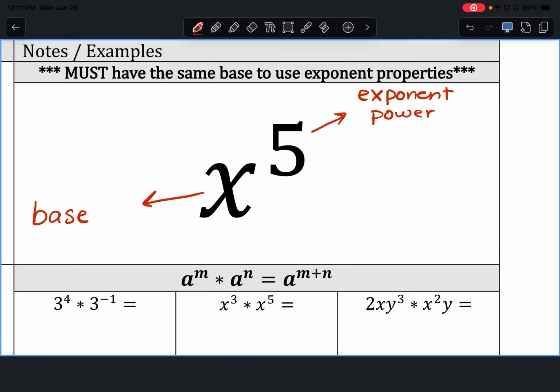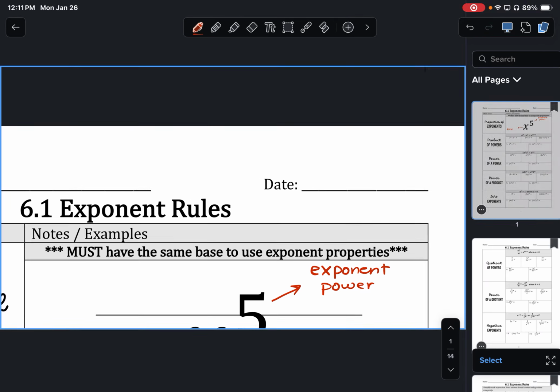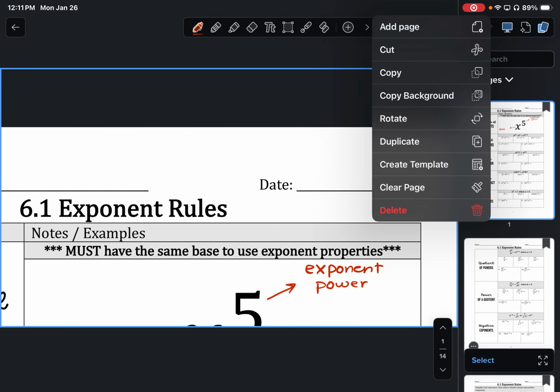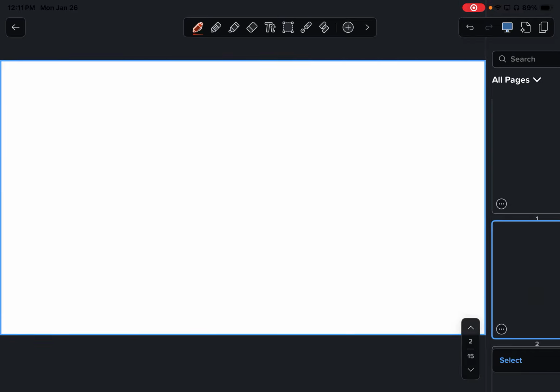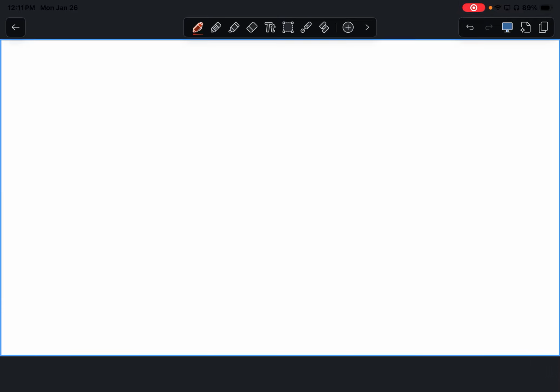So the first thing I want us to look at is I'm going to write a couple things up here that you do not have to write, that I'm just putting up here so we can reference it as we go and get some understanding of what's going on. There is something I do not want today to be confused with. If I gave you 2x squared plus 3x, can I combine those two things?